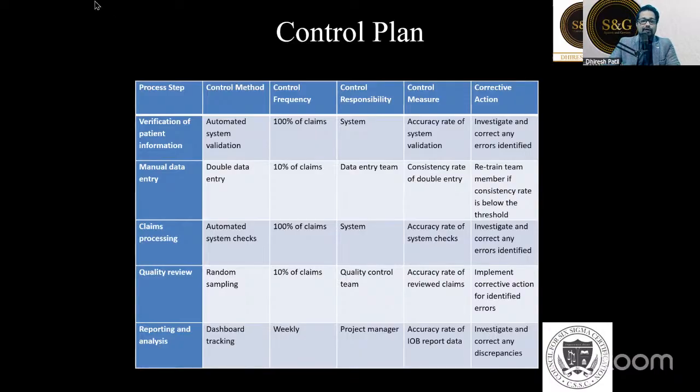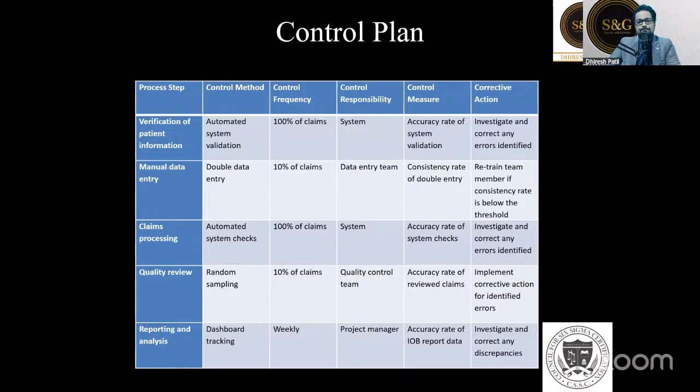So verification of the patient information, what is the control mechanism, automated system validation, frequency should be 100% of the claims, control responsibility, the system through which it will become controlled. Control measure is accuracy rate of system validation, and if any kind of deviation is found, what kind of corrective action will be taken. So this way they put all the control measures in the control plan so that all the critical factors, critical X's, will be put in the scanner.